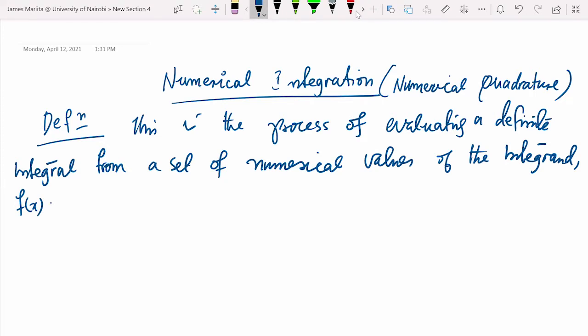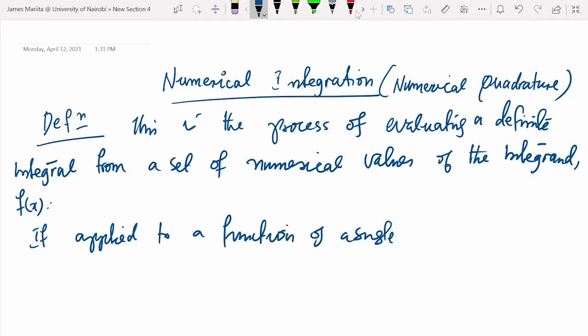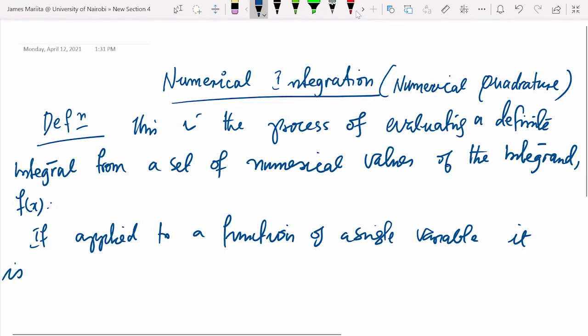And if it's applied to a function of a single variable, it is a quadrature.